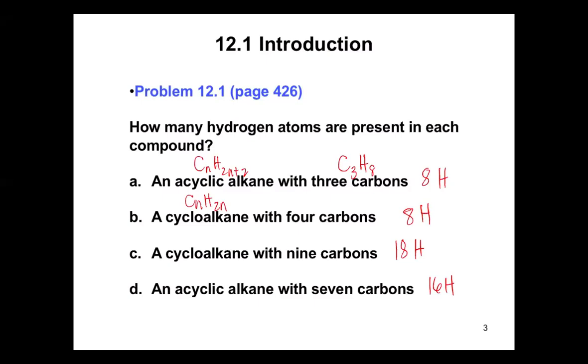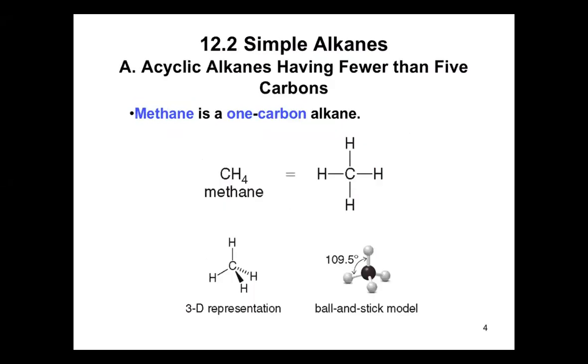Okay, so let's begin discussing yung acyclic alkanes having fewer than 5 carbons. Actually, yun namang mga prefix, yung halimbawa, if you will remember yung example ko last week na may methanol, merong ethanol, yung mga prefix na ina-attach dun sa suffix ng functional group, ay same lang din for all functional groups.